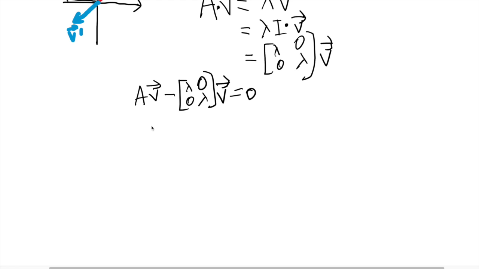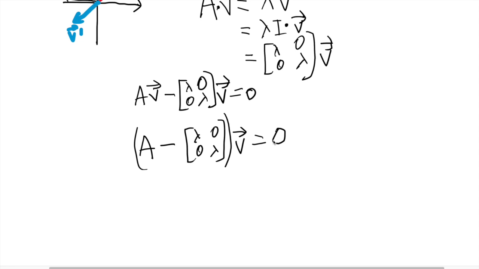If I then factorize the left-hand side of the equation, we will get A minus lambda, 0, 0, lambda, multiplied by v is equal to 0. Notice that the vector v has to be on the right-hand side because matrix multiplication is not commutative.